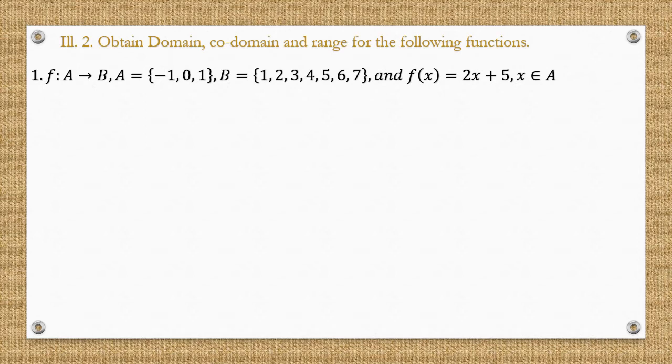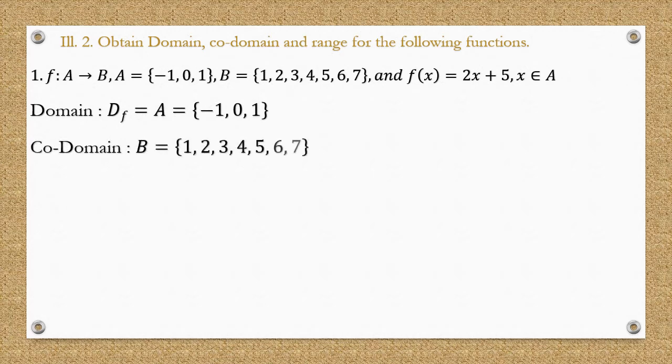What to do? Take the values of A, okay? We just have to decide which is domain, which is codomain, and what's the range. The first value is A, okay, it is from A to B, so A is naturally domain and B is naturally codomain.